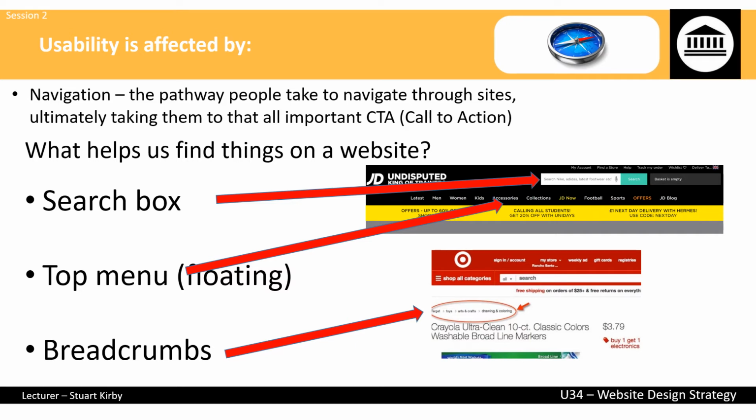So they don't want to click somewhere and go off and find some more information, okay, I just want to check that, and then not remember how to get back to where they were. That will frustrate them. They'll leave, and they won't get to the main CTA, which is in this case, buy.